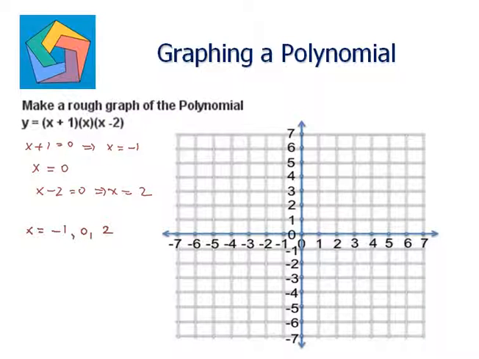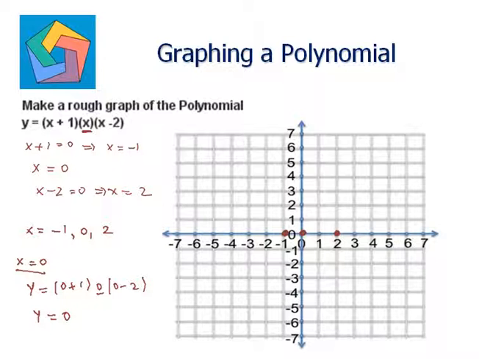And the y-intercept, if x is 0, then y is equal to 0 plus 1 times 0 minus 2. Since this is 0 multiplied with other parentheses, y is 0. So negative 1, 0 and 2.